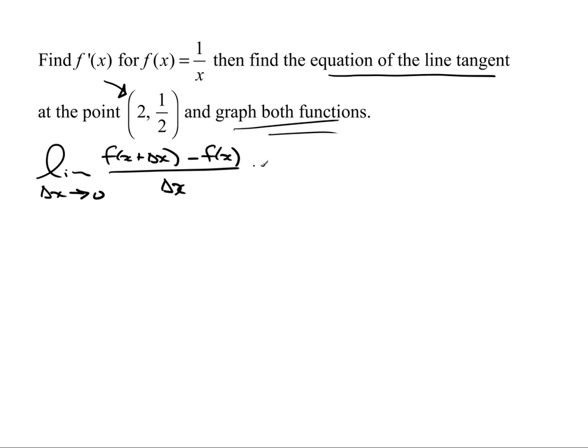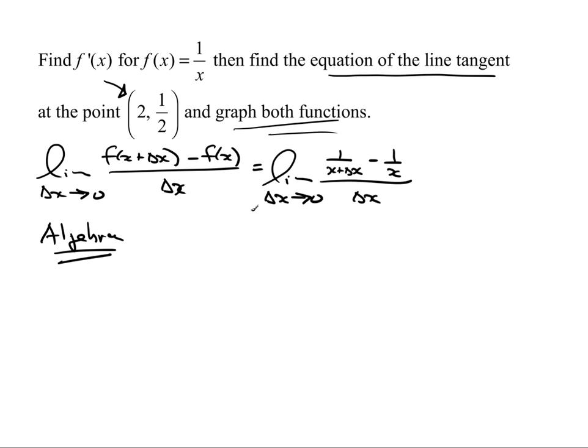So in this case, this is going to be the limit as delta x goes to 0 of 1 over x plus delta x, minus 1 over x, all over delta x. So I need to do just a little bit of algebra.